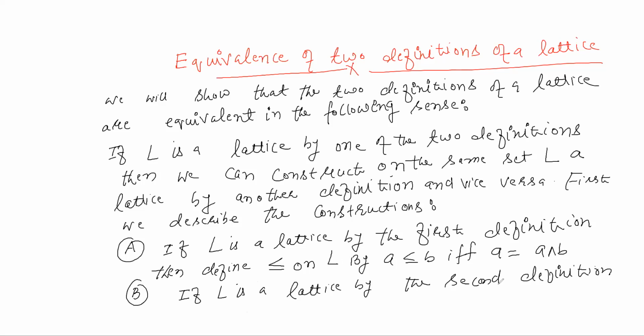So if L is a lattice by the second definition, define the operations join and meet by a join b equal to the supremum of a and b, and a meet b equal to the infimum of a and b.